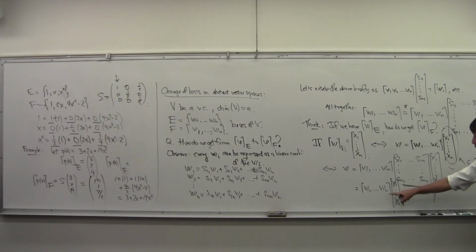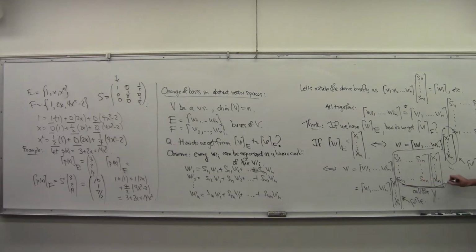Now come down here. We've got V equals the VI's times these Y's. So what's that? We've just expressed V as a linear combination of the VI's. So this thing here is the coordinate vector of V with respect to the F basis. What's the coordinate vector with respect to the F basis?